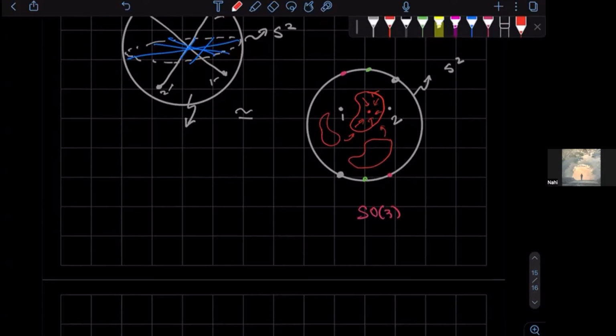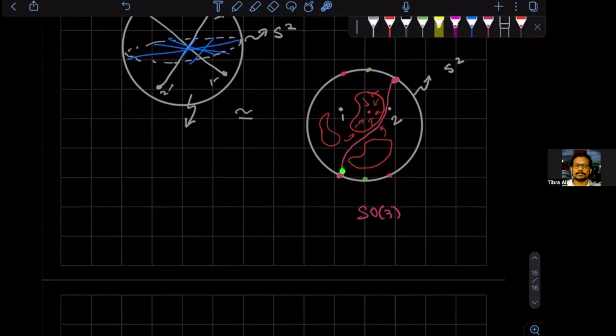Yeah. However, if I have a loop which starts from here and goes and ends at the antipodal point, that loop, if I want to shrink it down to a point, what would I have to do? I would have to bring these two endpoints close together, right? And if I bring this over here, what happens is this guy goes in the opposite direction.